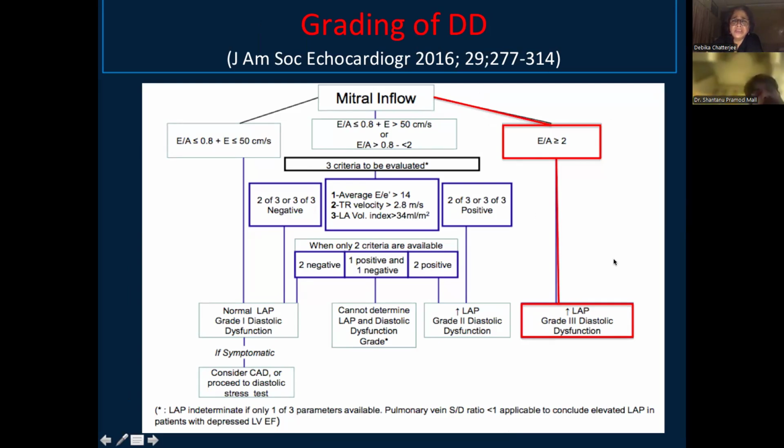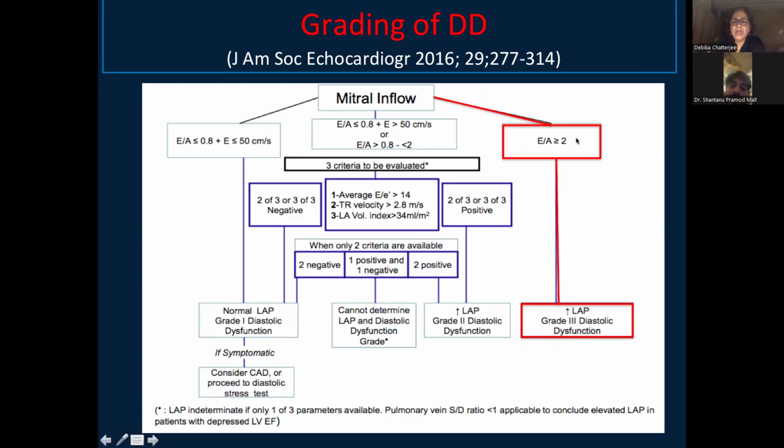And this grading is done where there is myocardial disease, not in normal young individual, where normally you may get E by A ratio more than 2 because their LV relaxation in the younger people is vigorous. So that gives rise to a very tall E and small A. So don't consider that this is applicable for young individual where there is no myocardial disease.